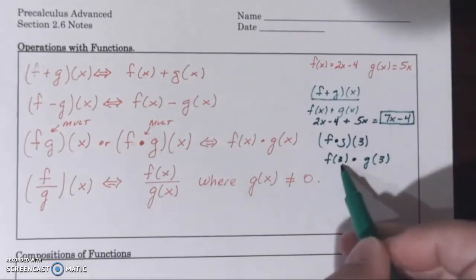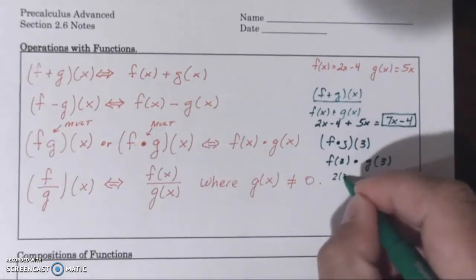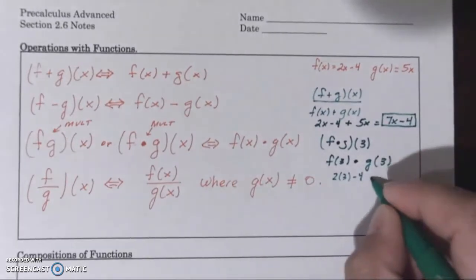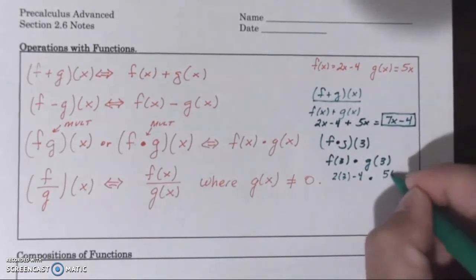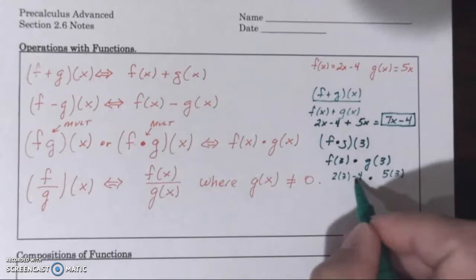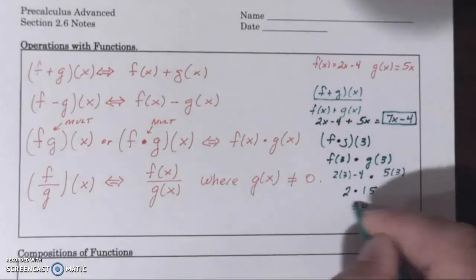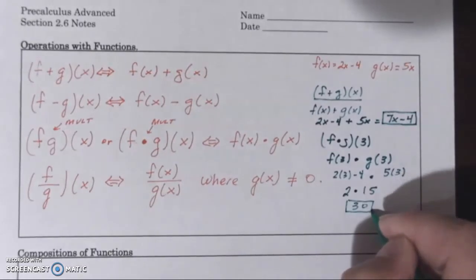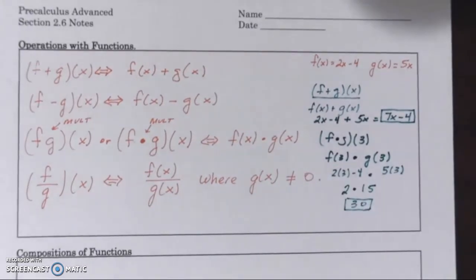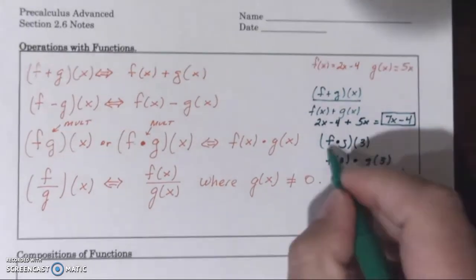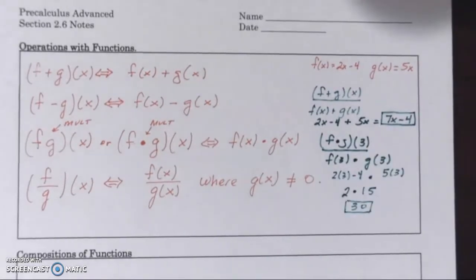Well, f of 3 is 2 times 3 minus 4. G of 3 would just be 5 times 3. 6 minus 4 is 2. 5 times 3 is 15. F times g of 3 happens to be 30. So just a couple examples there for you.